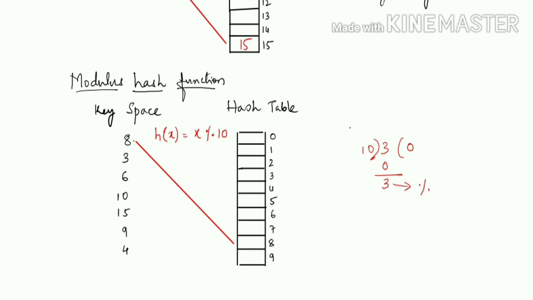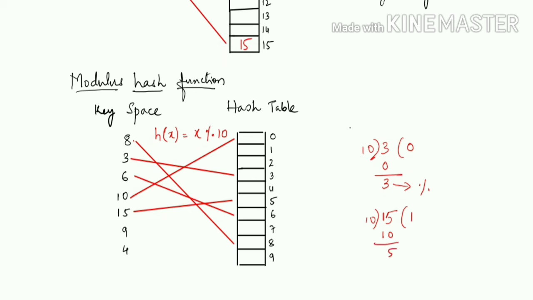So 3 is stored in location 3, 6 is stored in location 6, 10 mod 10 is 0, so it is stored in location 0, and 15 will be stored in 5, because 15 divided by 10, 10 ones are 10 and the remainder is 5, so it is stored in index 5.